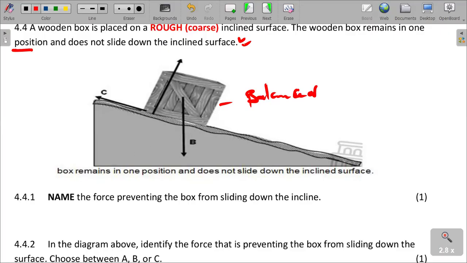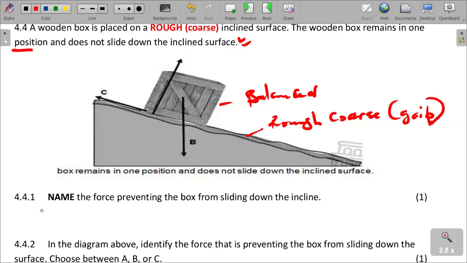So now, name the force preventing the box from sliding down the incline. We see that this is a rough, coarse surface, meaning it has a grip.